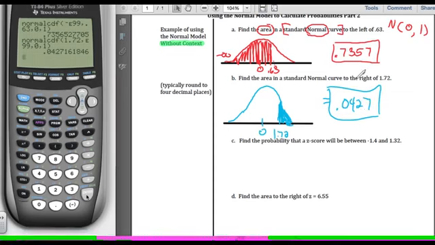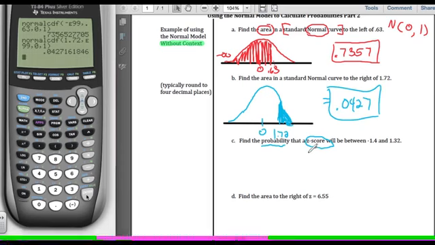Part C is a little bit different in its wording. It says, find the probability that a z-score will be between negative 1.4 and 1.32. And z-score is my keyword here. Standard normal up above told me it was N(0,1).